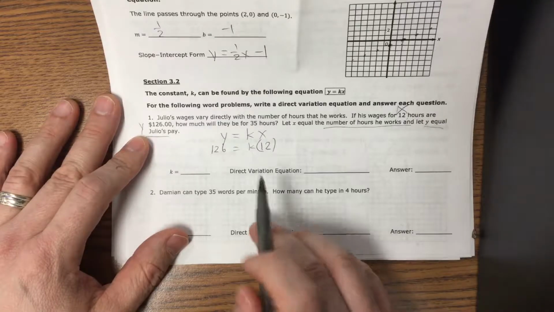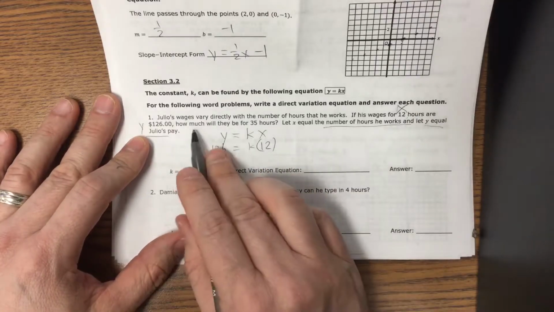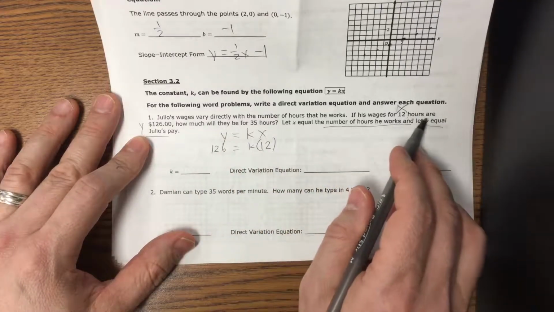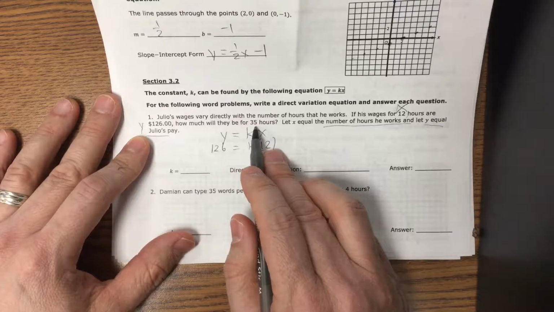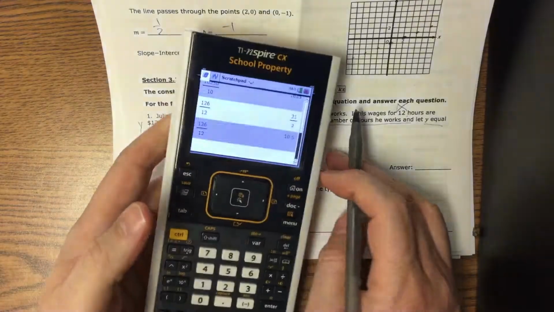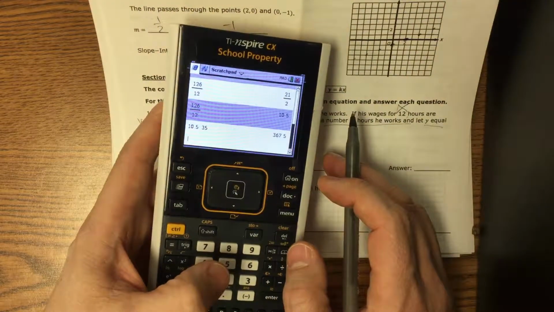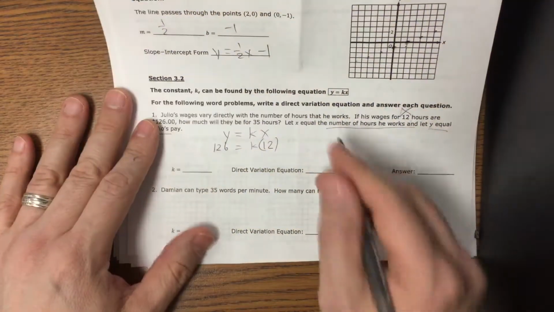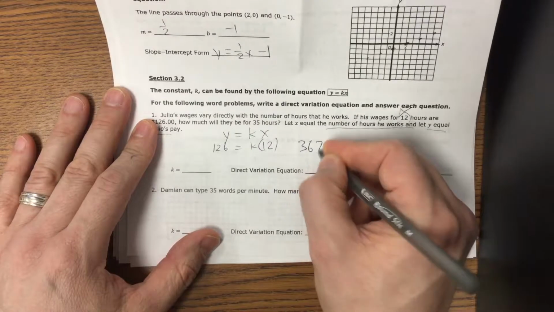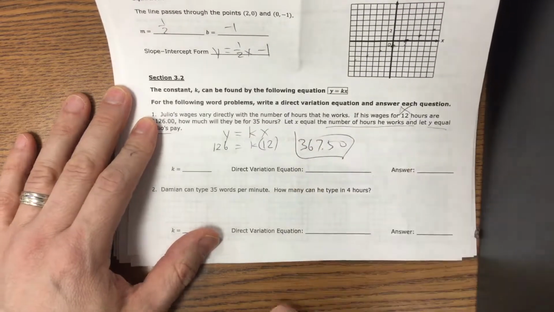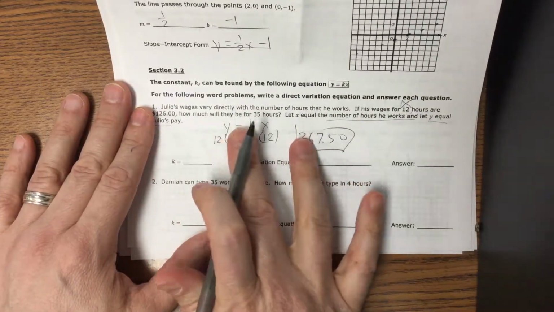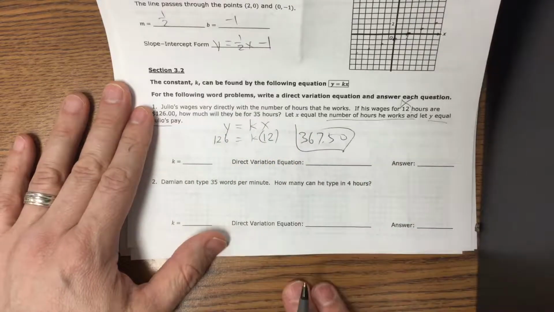All right. So if his wages for 12 hours are that, how much will they be for 35 hours? Well, let's multiply the 10.50 by 35. $367.50. Okay, so that's basically how you do those.